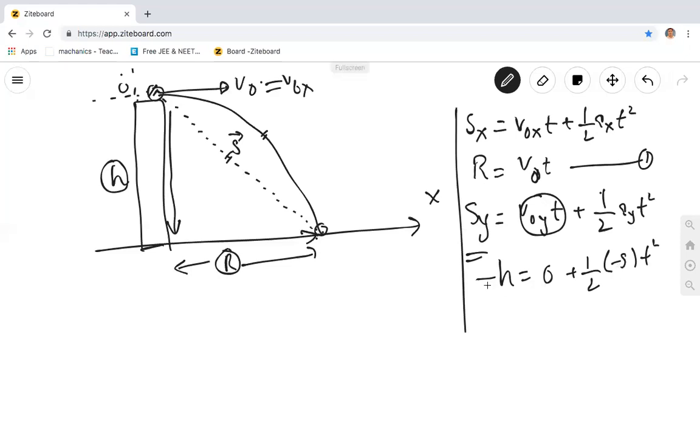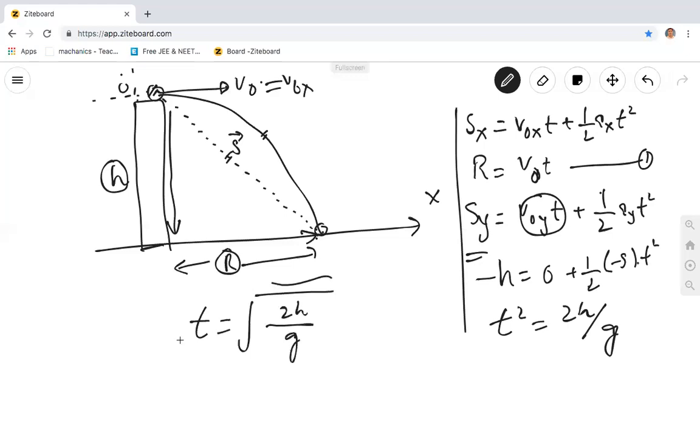If you write plus here and also plus g, that will get you the right answer, but you have made two mistakes, and two mistakes don't make a right. Therefore, it is negative, and it is also negative to get things the right way. So t square is equal to 2h by g, and t is equal to root of 2h by g.